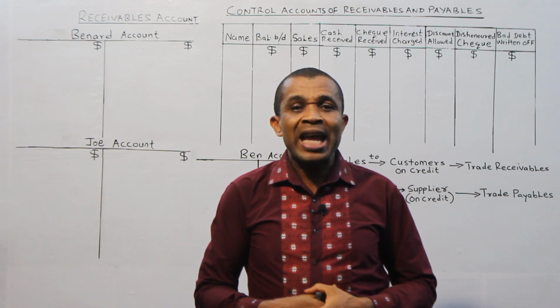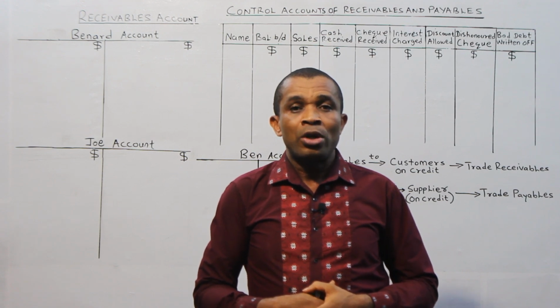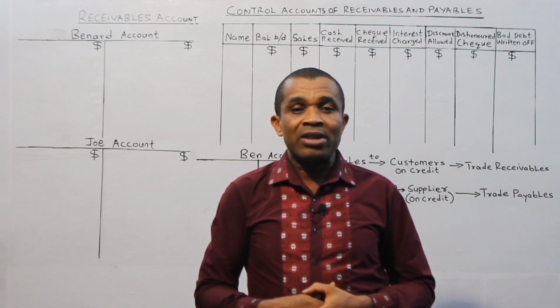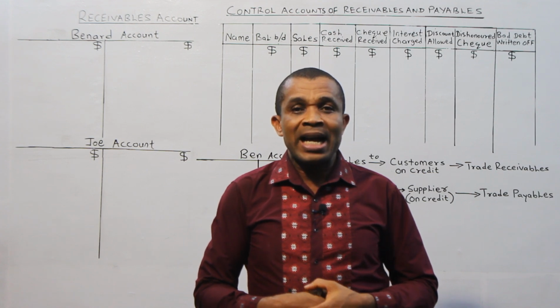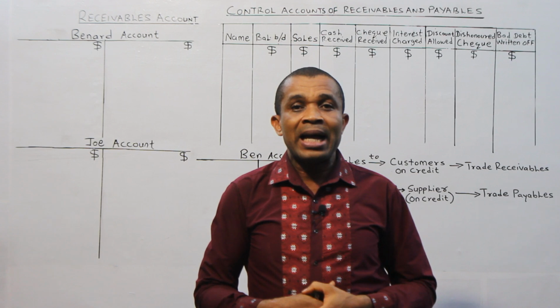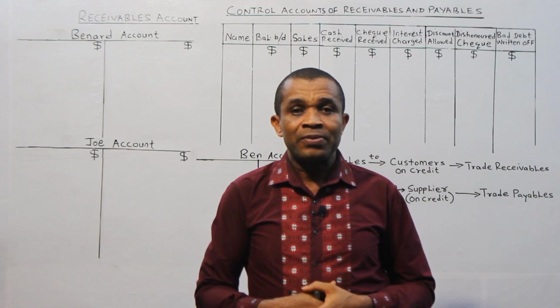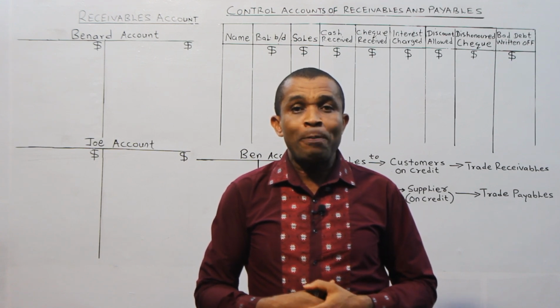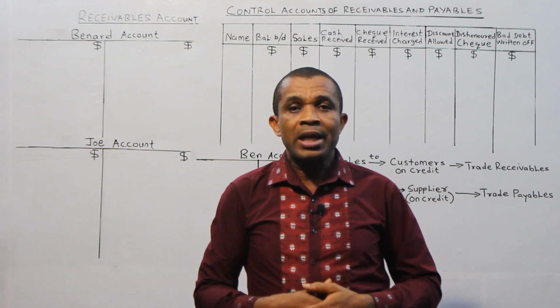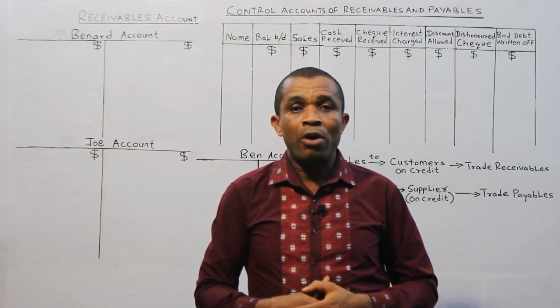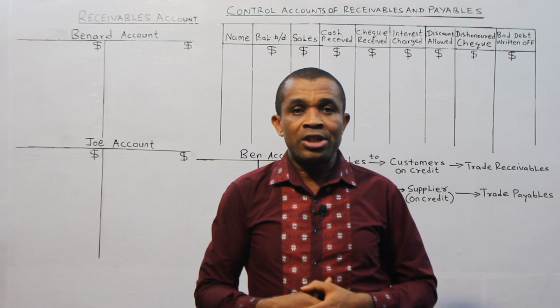We are going to take some illustrations or examples using three accounts: Bennett's account, Joe's account, and Ben's account. These people represent individual receivables of an organization.